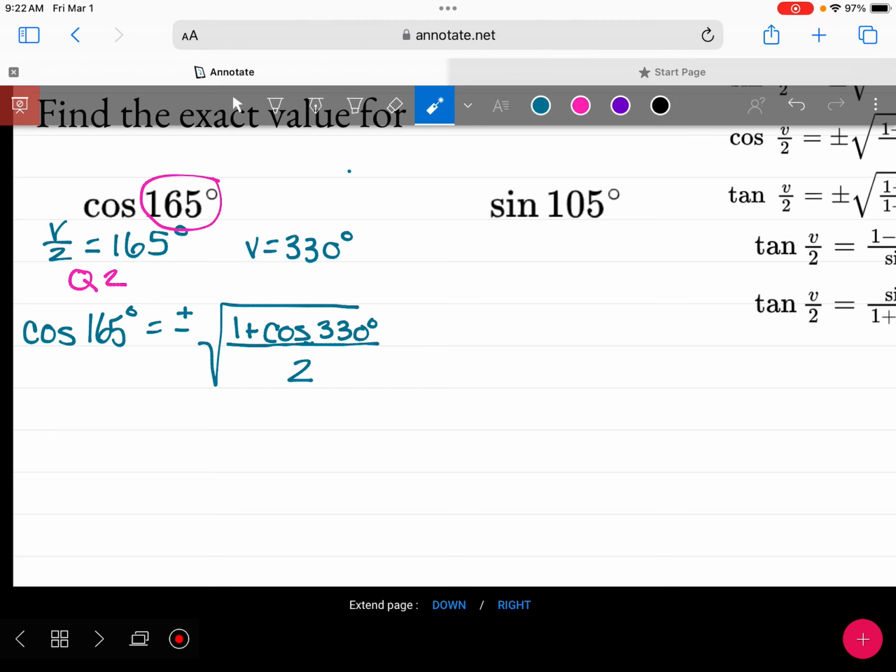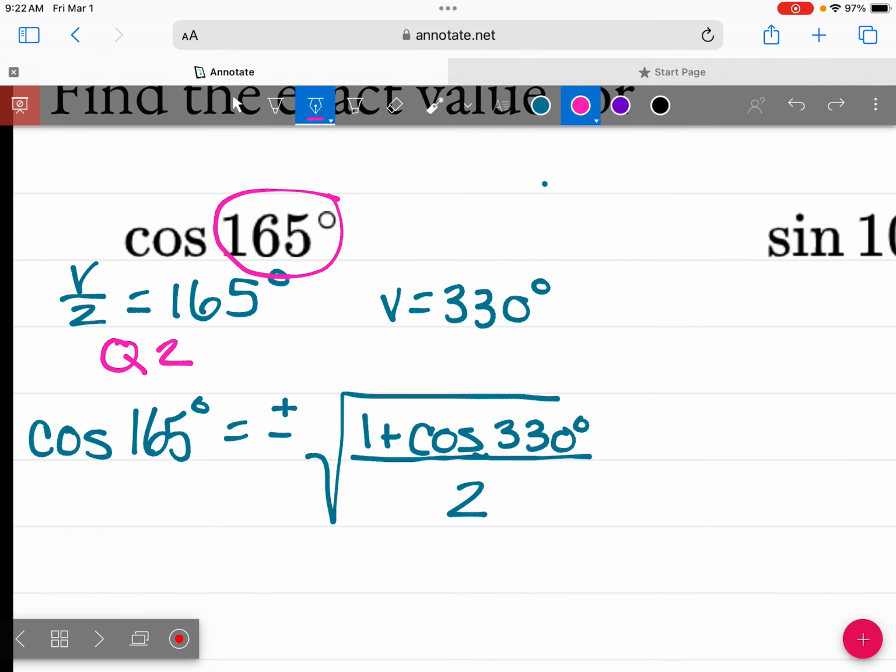Negative. So when we're looking at our formula, do we need to have the positive there? Because our cosine's going to wind up being negative. It's going to be the minus. So since cosine's going to be negative, we don't need to have the plus. We know it's going to be negative because of what quadrant 165's in.